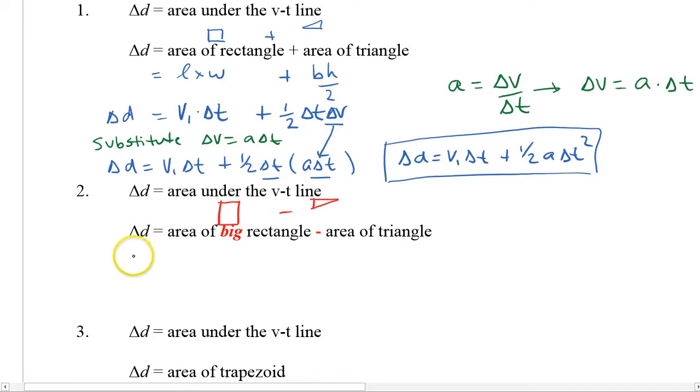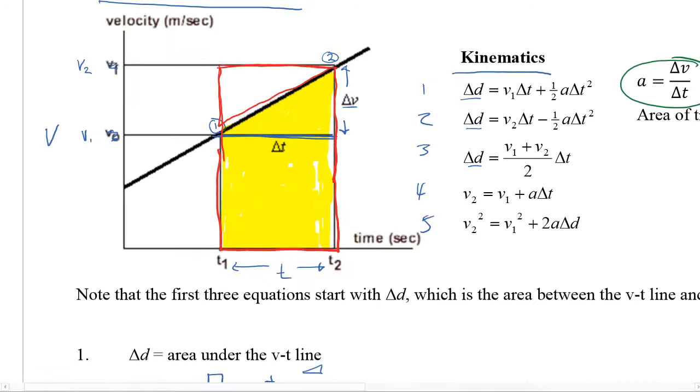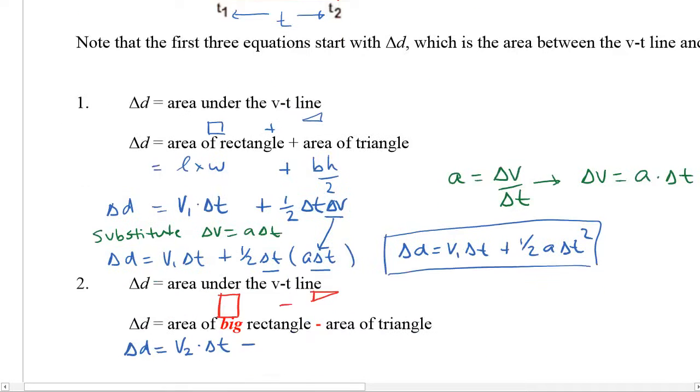So here I'm going to say delta D is equal to V2 times delta T minus, now that area of this triangle, it still has the same base as my one from question 1, and it has the same height. So although it's in a different position, it is actually the identical area.